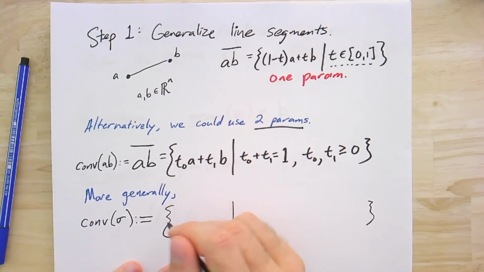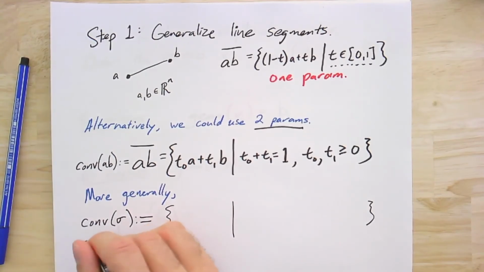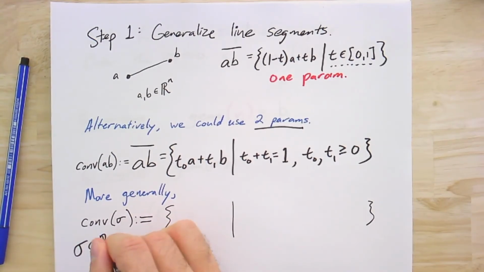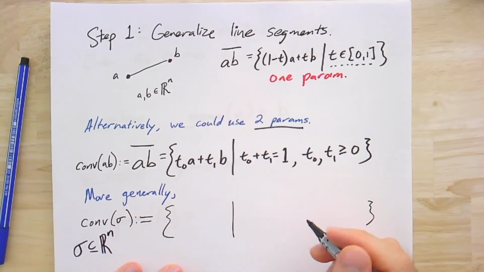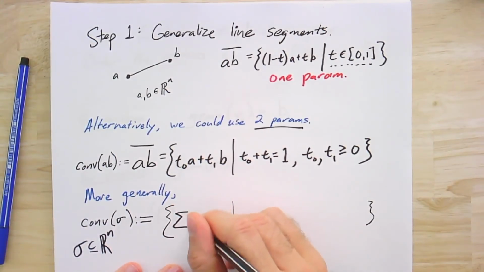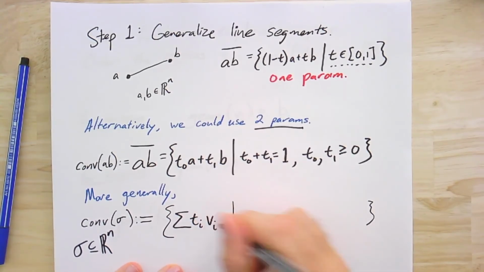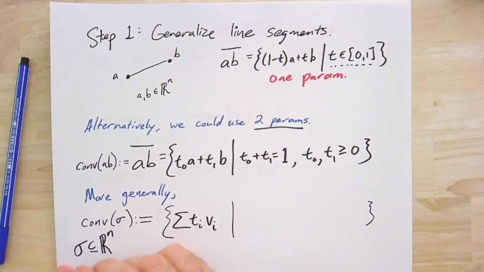In this case, the convex closure of a whole set of points, so in this case sigma is a set of points in some Euclidean space, is going to be the sum of ti vi, where the vi's are the points in sigma.